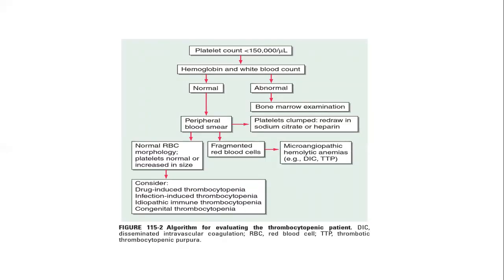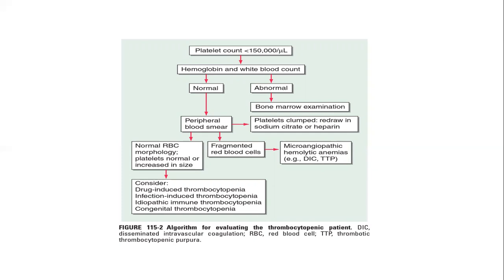Now, the algorithm for evaluating the thrombocytopenic patient, as given in Harrison. So, in thrombocytopenia, we have to send CBC, including hemoglobin and the WBC count. If it is abnormal, then we can go for a bone marrow examination. If it is normal, then we can send a peripheral blood smear.